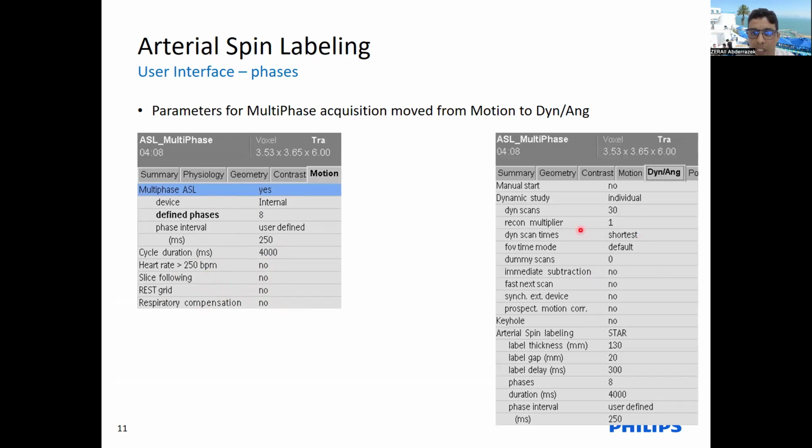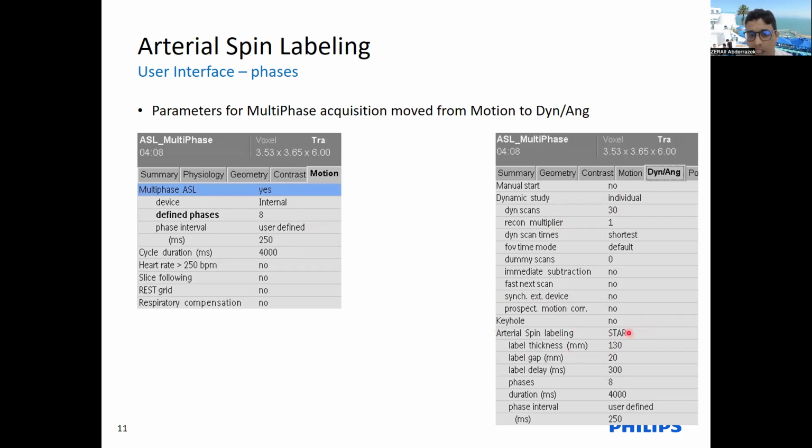Also for the dynamic, just to make sure about the parameters that we used, maybe we can go through 30 dynamic scans. You see the mode here for the arterial spin labeling.